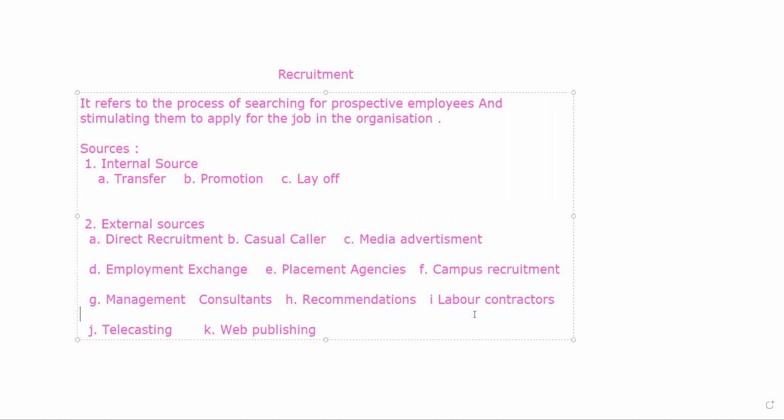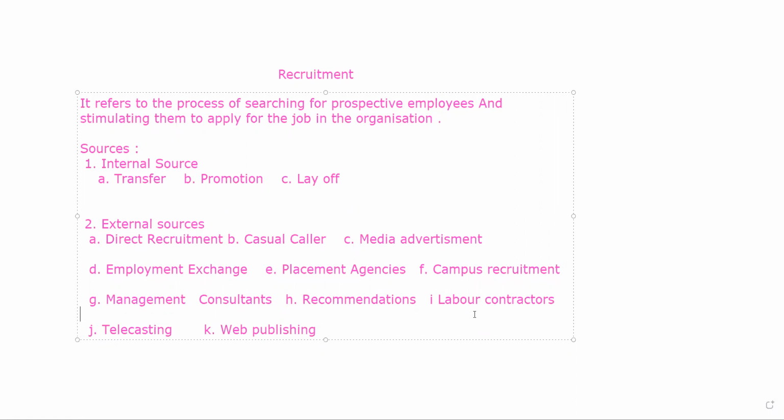The organization keeps those casual callers' details with them, and whenever any vacant place is there, they make calls to those people who already submitted their biodata or CV. It means they are willing to work in that organization. They applied casually, so that's why they are known as casual callers.